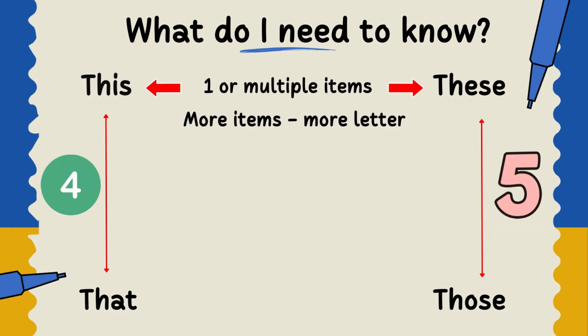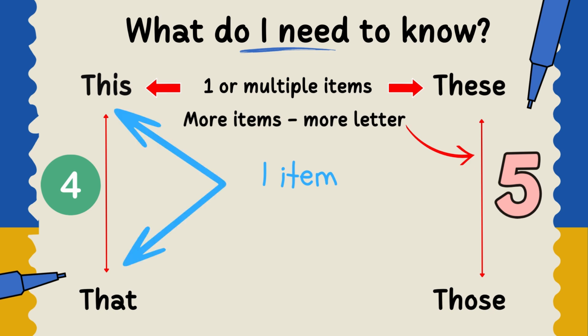Okay, so now we know that the more items, the more letters. So we use this and that for one item, and these or those for more than one item. So then next we need to figure out the distance. So let's say, for example, we have one item, and we now know that we will need to use either this or that.